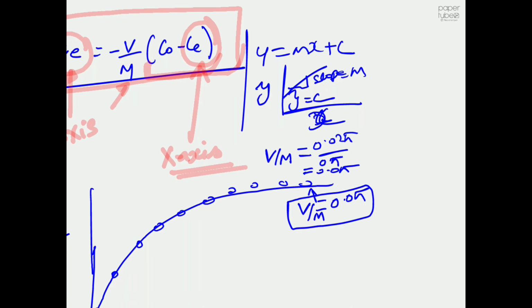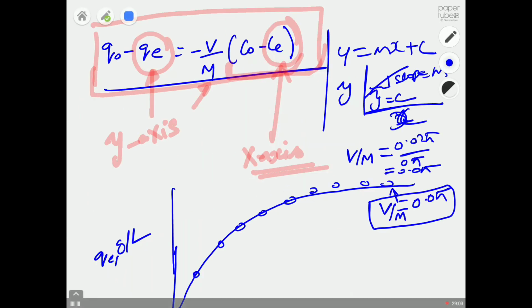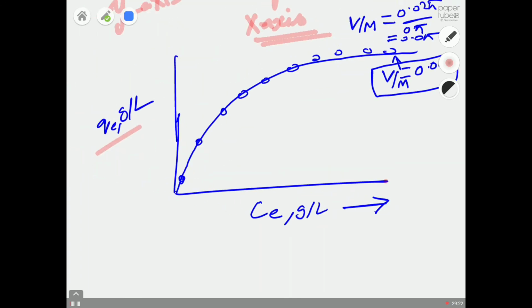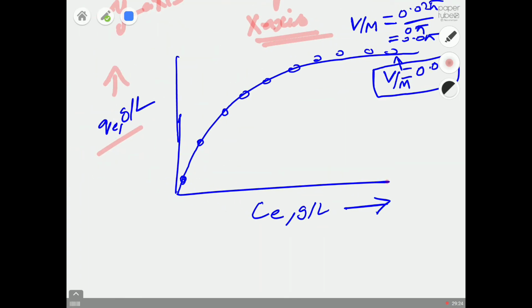So according to this expression, once you plotted Q0 and QE on the y-axis and C on the x-axis, say pick a point here.